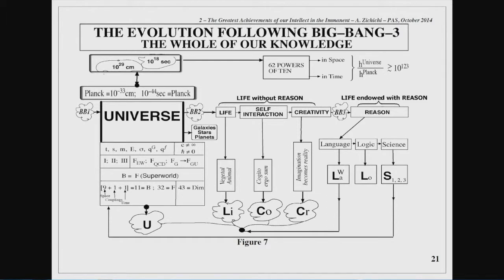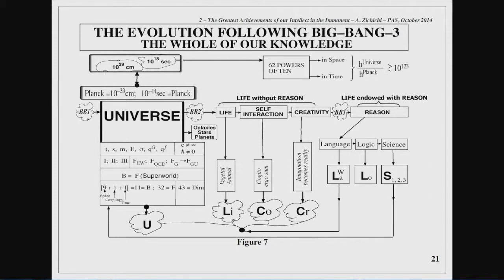I just want to call your attention to the fact that the only way to know how the universe is made is looking at the right-hand side where there is LLS: language, logic, and science. The rigorous theoretical logic could not care less about how the universe is made. Language does care.